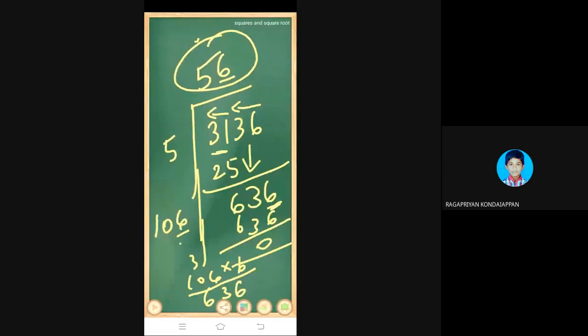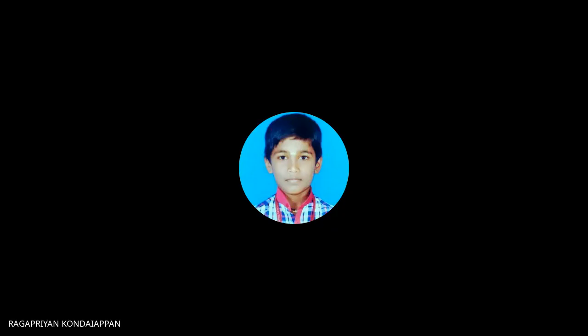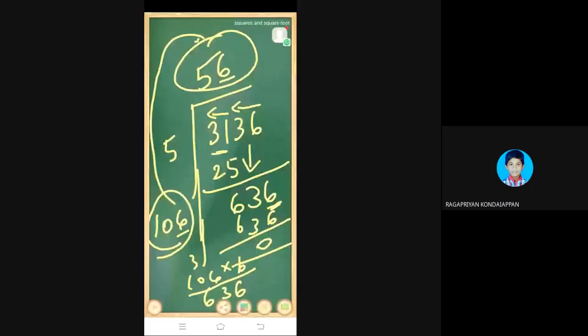Then after that, what will you do? You have to check the ones place. So what digit do you write on the left side as well as in the quotient? When you multiply the number on the left side with the newly written digit, is the answer the remainder or not, that you have to check.